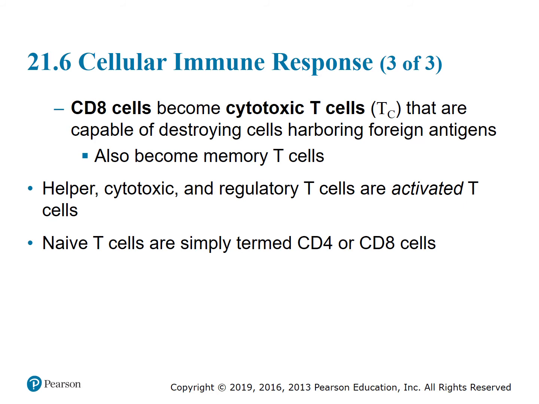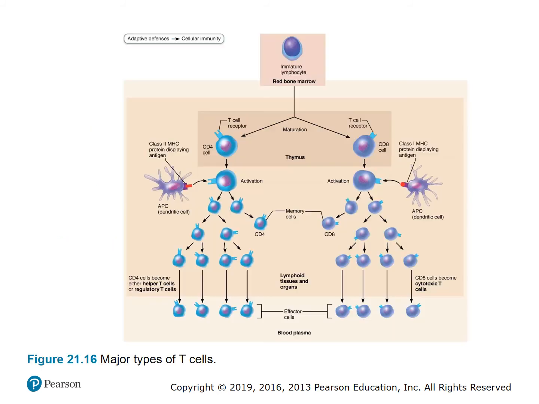Helper, cytotoxic, and regulatory T cells are activated T cells. Naive T cells are simply termed CD4 or CD8 cells. Figure 21.16, major types of T cells. So we have an immature lymphocyte from the red bone marrow that can differentiate into a CD4 cell or a CD8 cell.